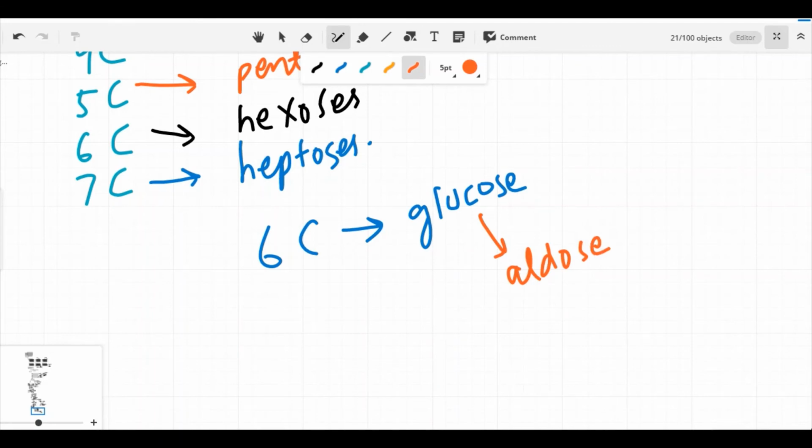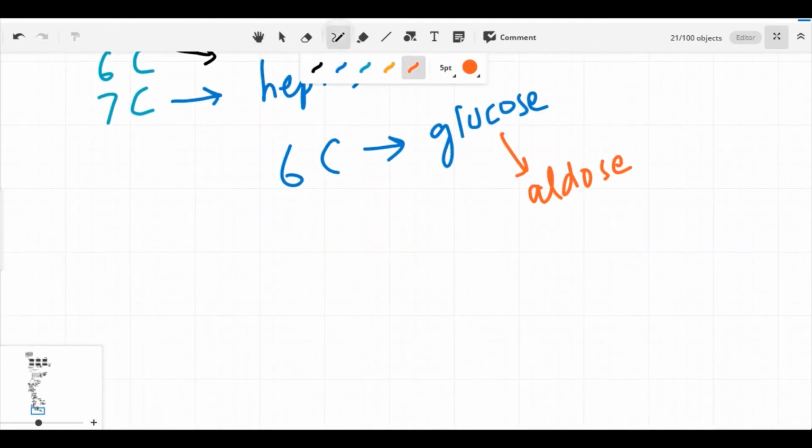So here we can write the name of glucose as aldohexose. Hexose, why? Because of 6 carbons.